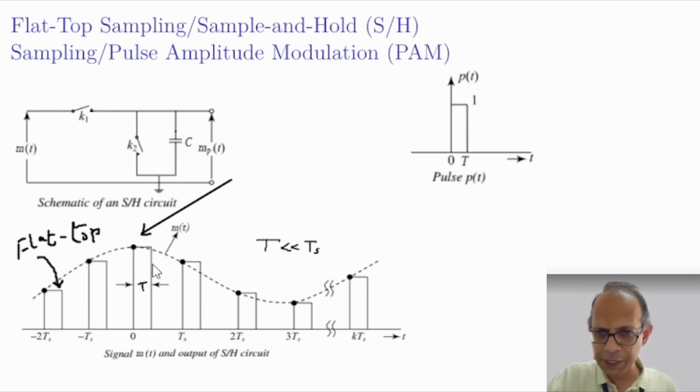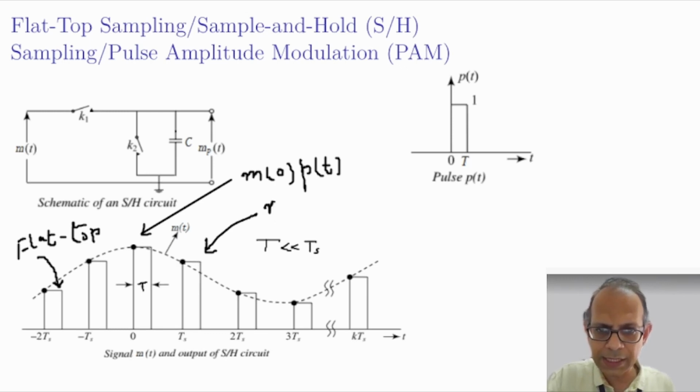If we look at this particular pulse occurring at t equal to 0, the amplitude is m of 0 into the pulse p of t, the basic pulse that occurs at t equal to 0. If we look at this particular pulse, the amplitude of this pulse is equal to the message amplitude at the instant capital Ts.